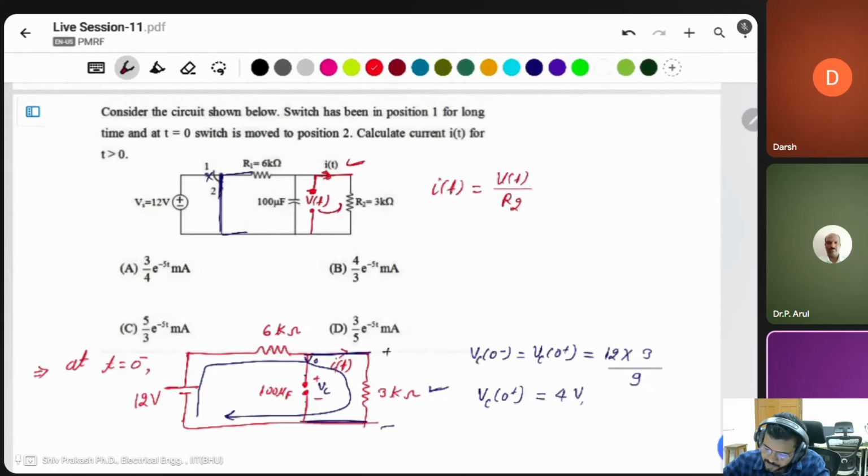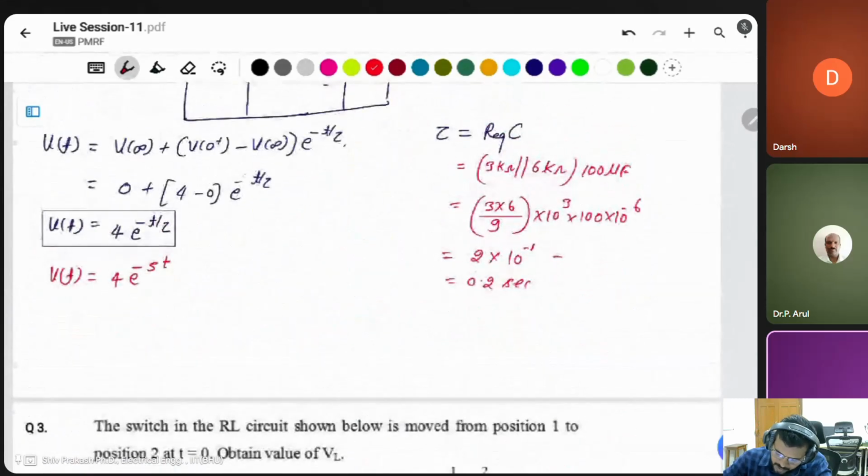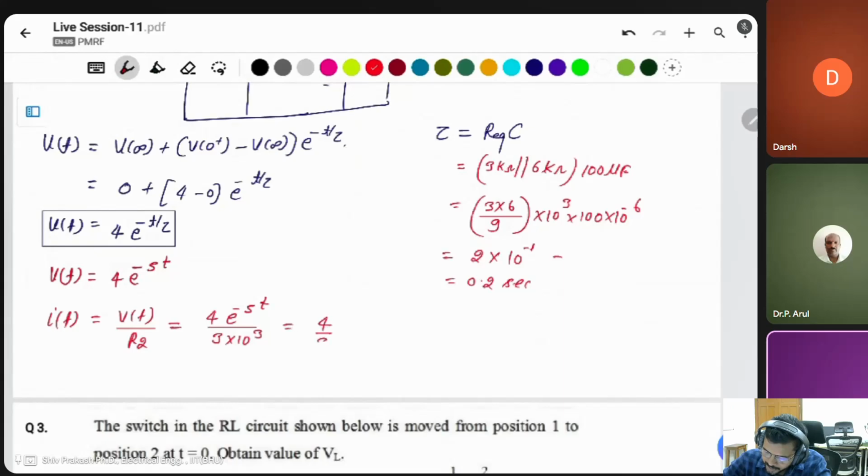So It is equal to Vt divided by R2, which is 4 e to the power of minus 5t divided by 3 kilo ohm. This will be in milliampere because of the 3 kilo ohm, 10 to the power of 3. You can say this will be 4 by 3 e to the power of minus 5t milliampere. This much current is flowing through the 3 kilo ohm resistor in the circuit.